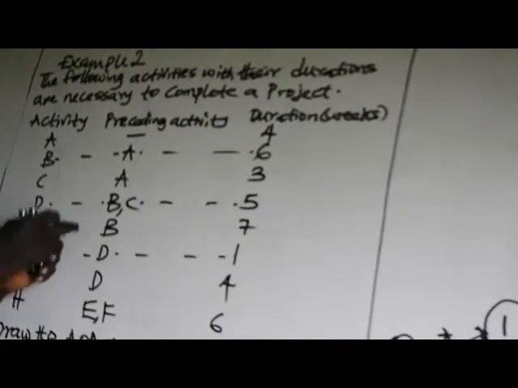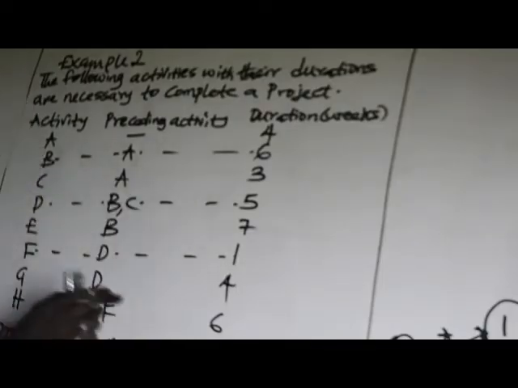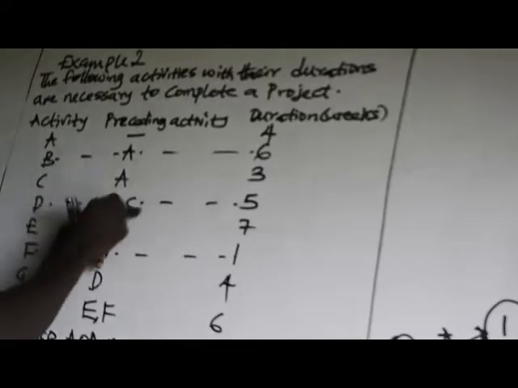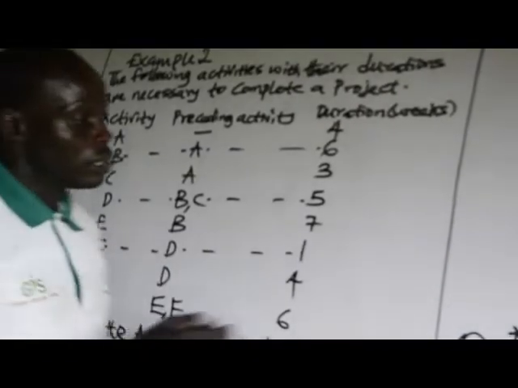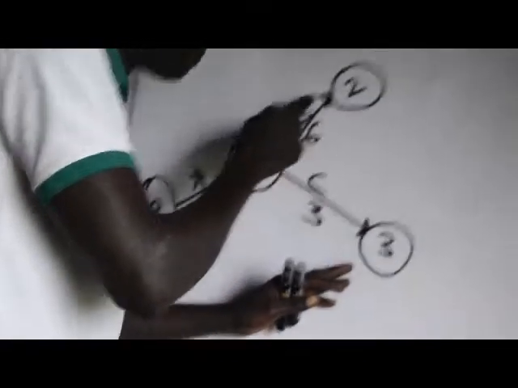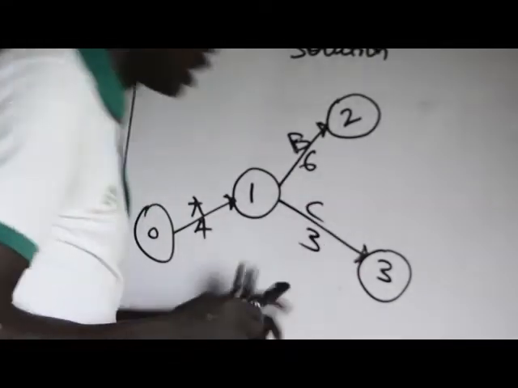Then the next one is activity D. But B and C have to meet at a point. From the point of intersection of B and C, you now have D coming out from there. But if you look at activity B and activity C, they didn't meet at a point.